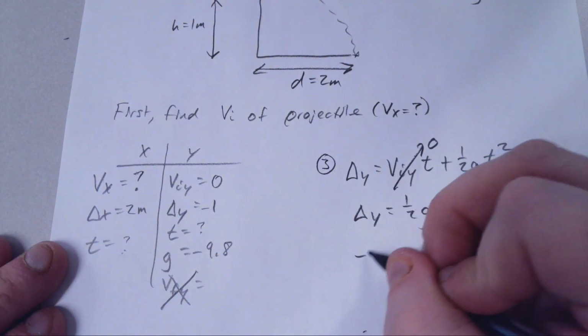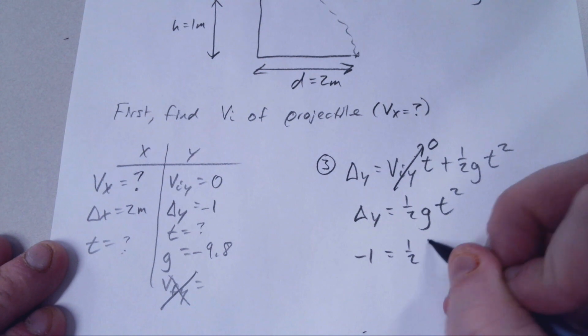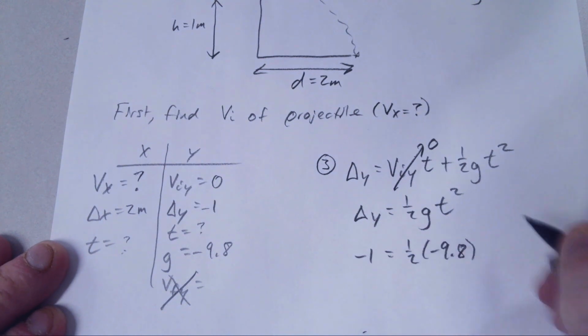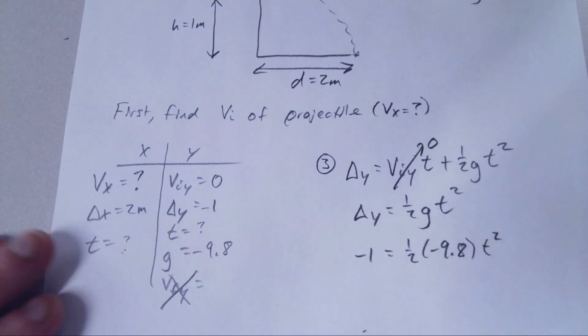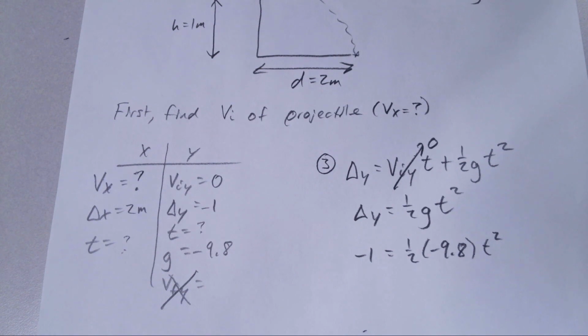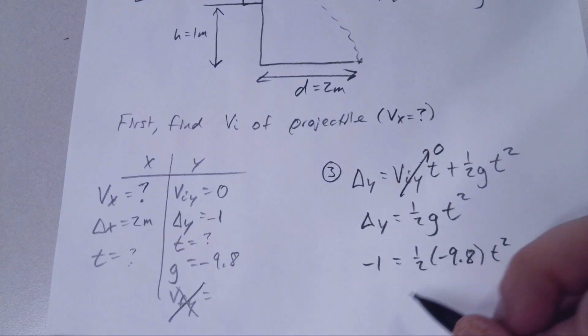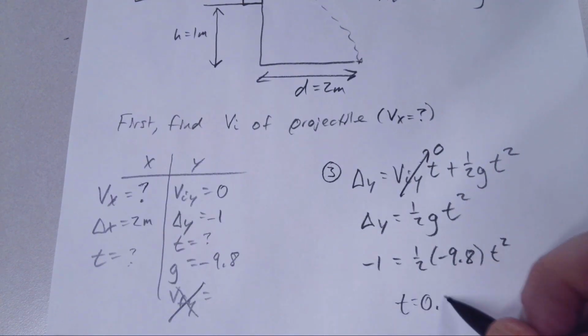So let's plug it in. Negative 1 equals 1/2 times negative 9.8 times t squared. When you solve for t, go ahead and square root that answer, and we get about 0.45 seconds.